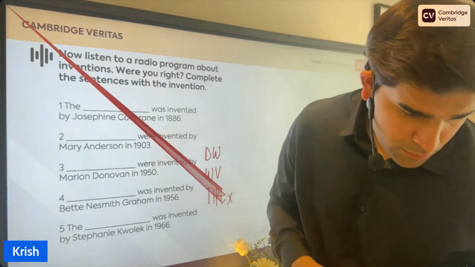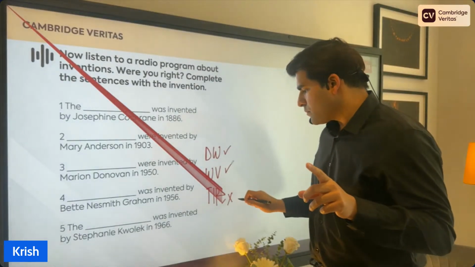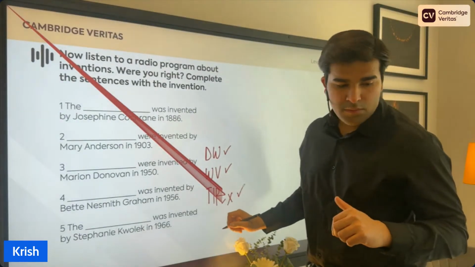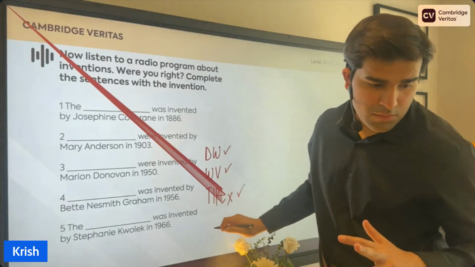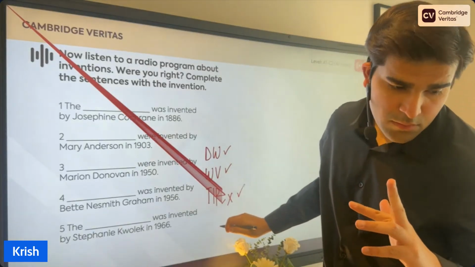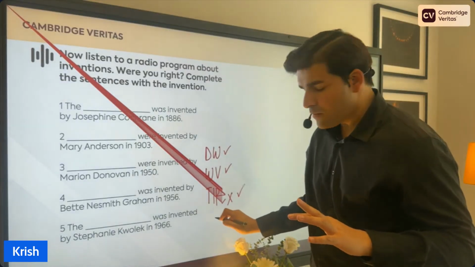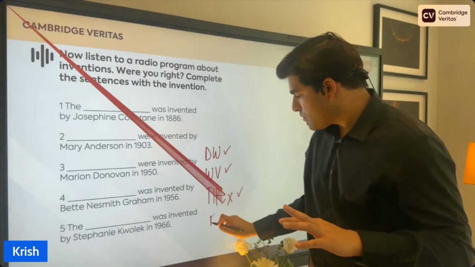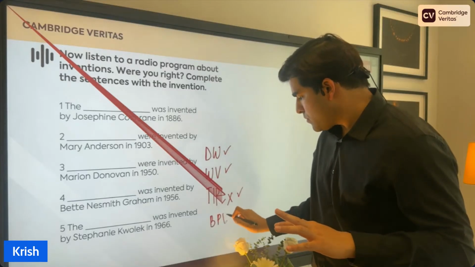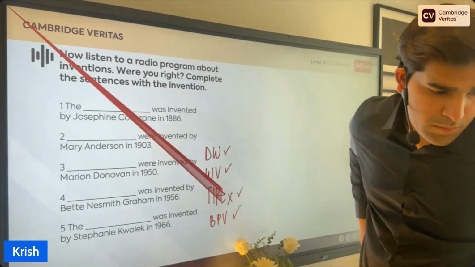And finally, policemen, soldiers, and politicians all over the world are protected by something which was invented by a woman. In 1966, Stephanie Kwolek invented Kevlar, a special material which was very light but incredibly strong, much stronger than metal. This material is used to make bulletproof vests.